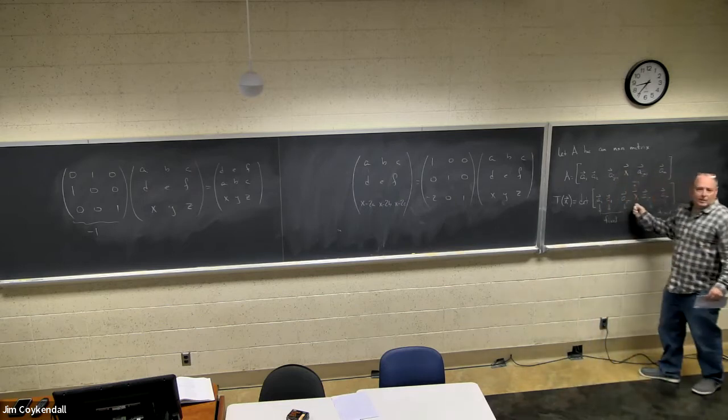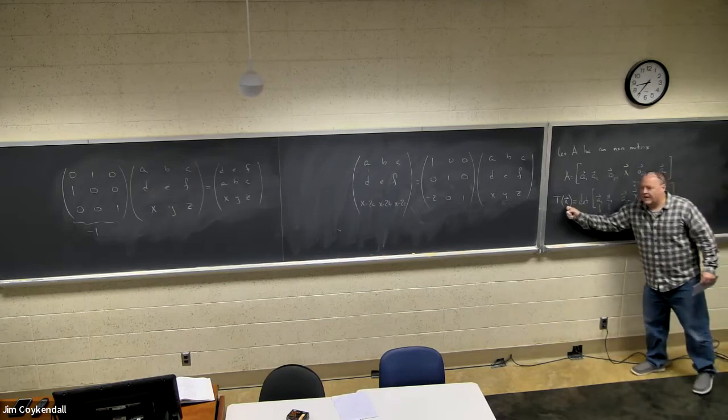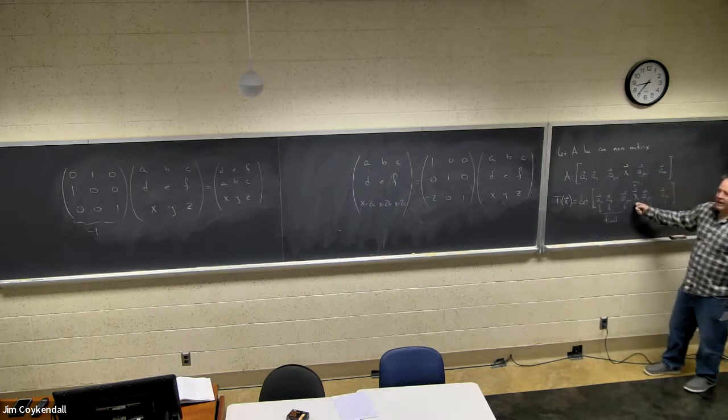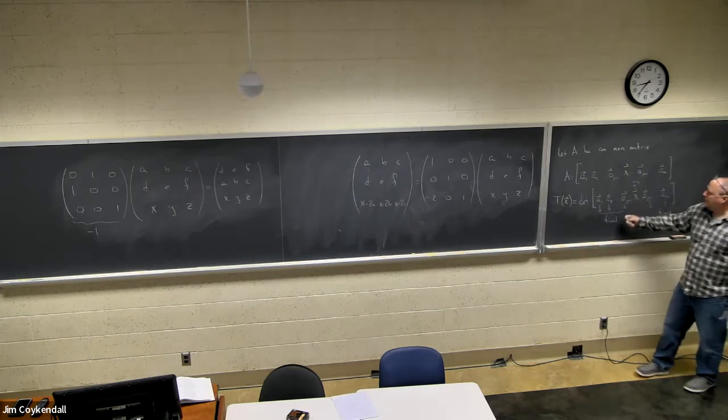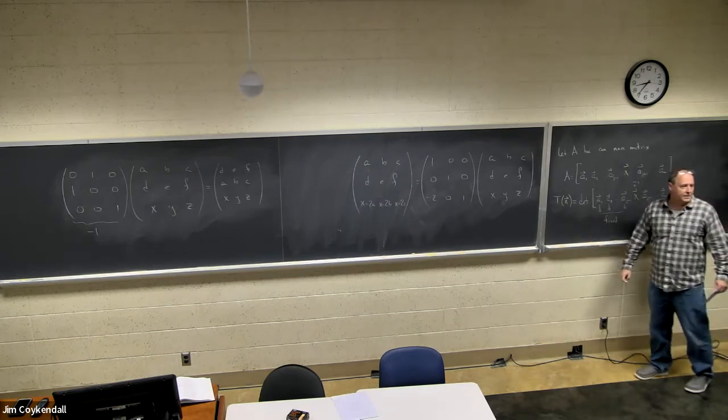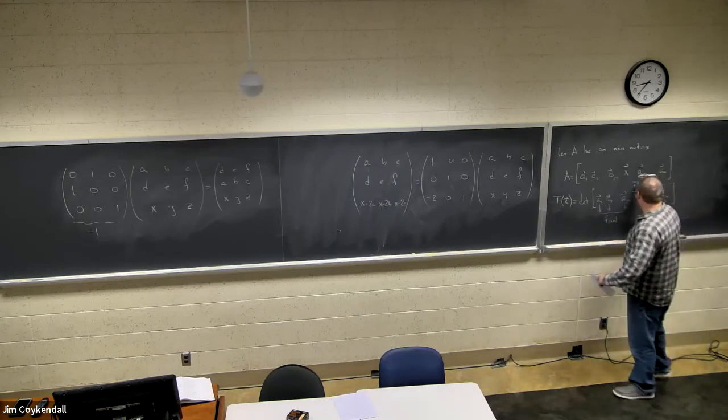This is like a variable, right? So T of the vector x is: I input this vector as the jth column of this matrix, and then I take the determinant.